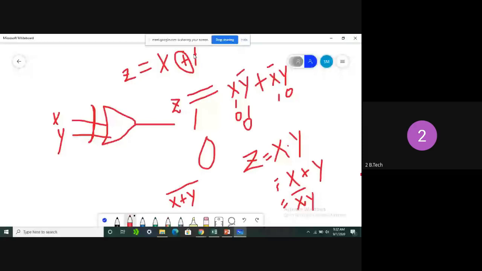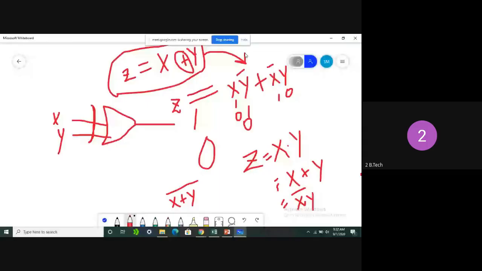The complete formula is X into Y bar plus X bar into Y. In simple notation, we represent it as X exclusive OR Y, using the exclusive OR symbol.